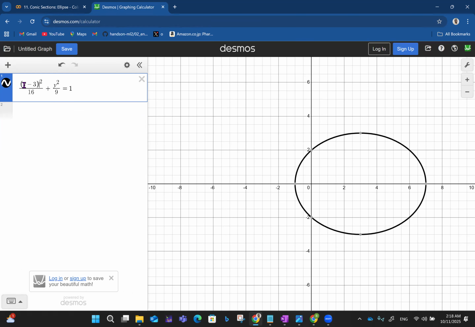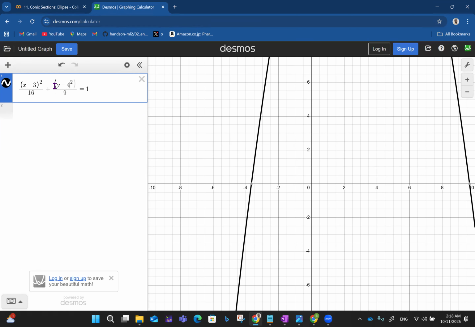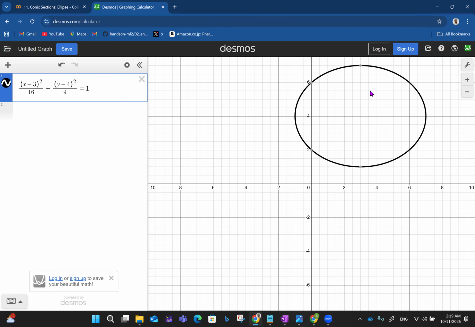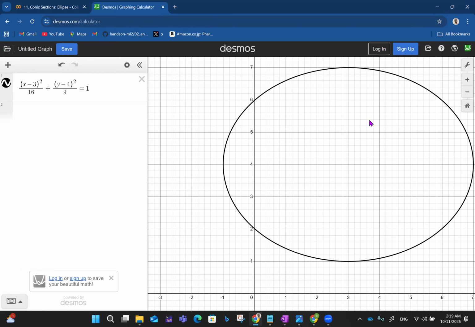So we have x minus 3 squared, then y minus 4 all squared. You can see it has shifted now. If you zoom in on this, the center is at 3, 4 right here. So that's the center, and then we can figure out the latus rectum and things like that.